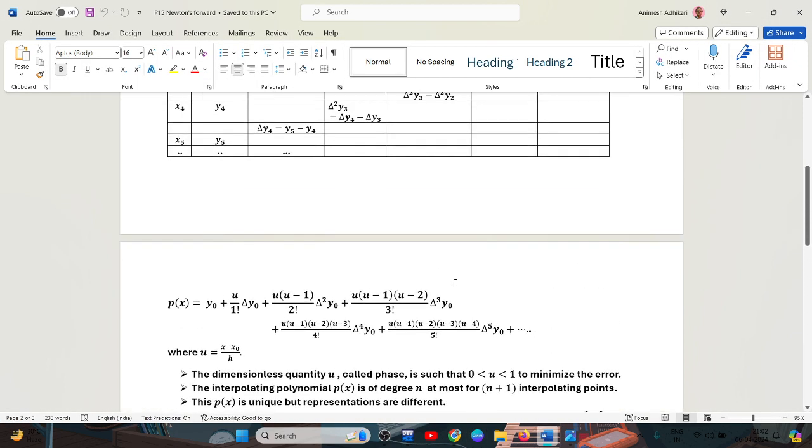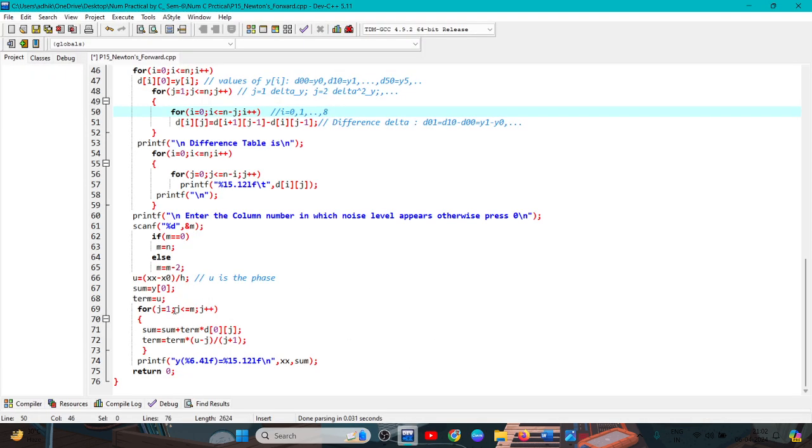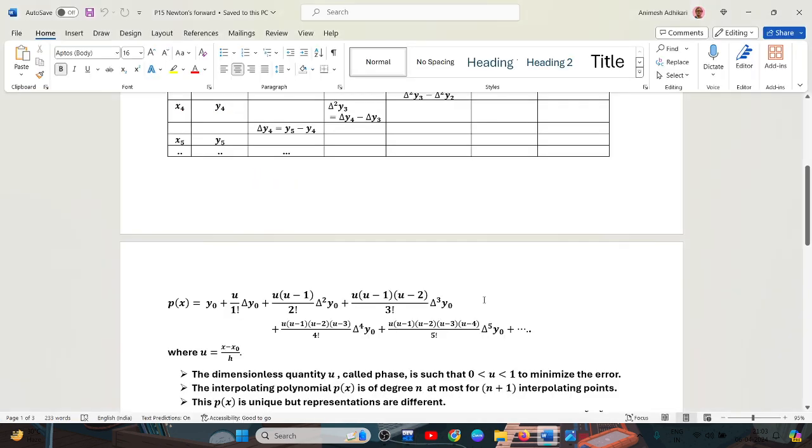This is the formula. px is equal to sum equal to y0, and then term equal to u, and for j equal to 1, j less than or equal to m, j plus plus, sum equal to sum plus term into d0j. So the present sum equal to the previous sum, that is y0 plus term equal to u into d01, actually delta y0 by factorial 1.